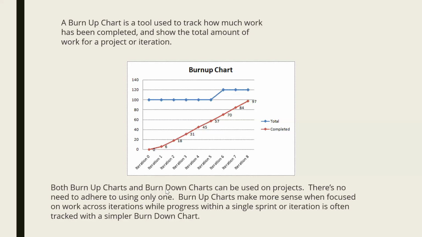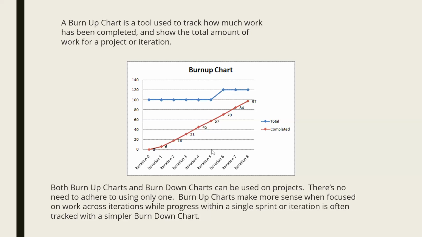Burn down shows just the progress, right? For burn up, let us say the total is 100 story points. On the whole, at a particular iteration, let us say the fifth sprint, to be frank.